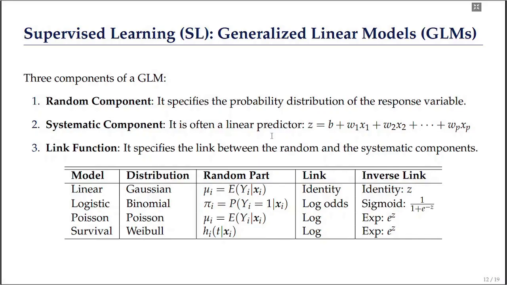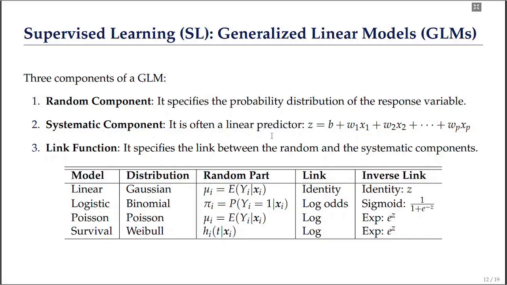The inverse of an identity link function is just the identity link function. So in linear regression, the mean response is directly equated with the linear predictor without any transformation, because it uses an identity link function.